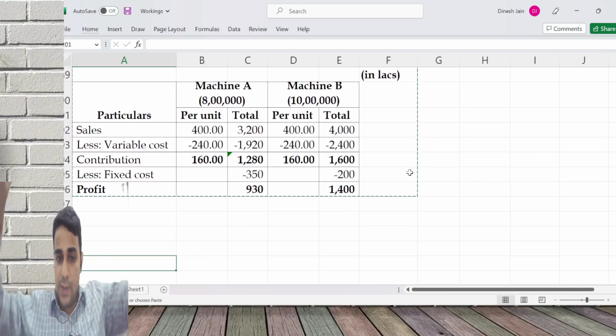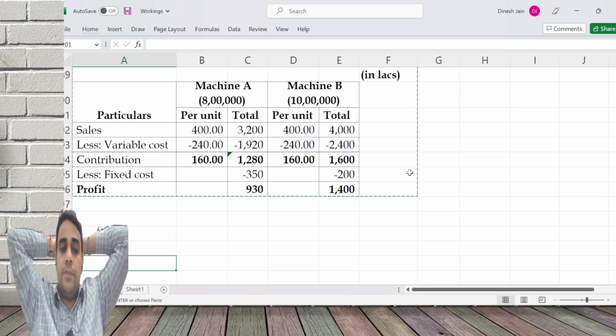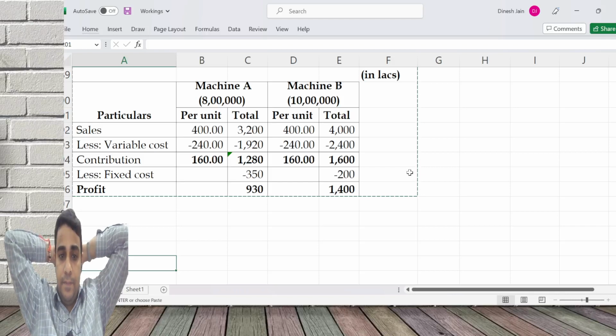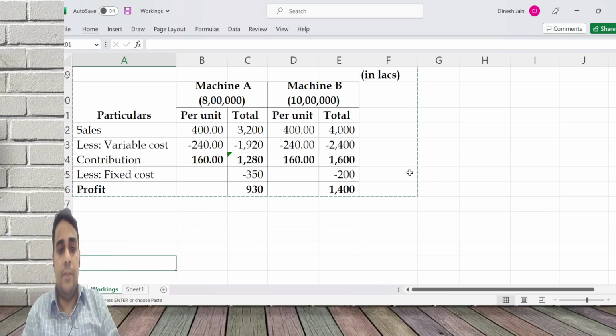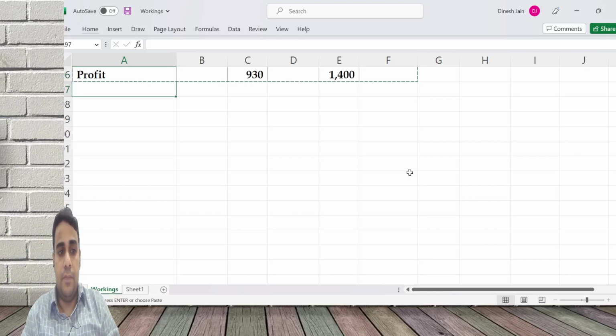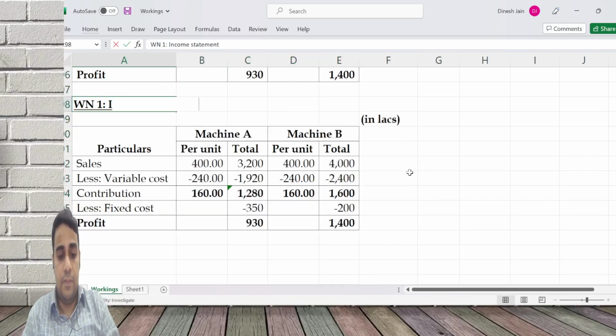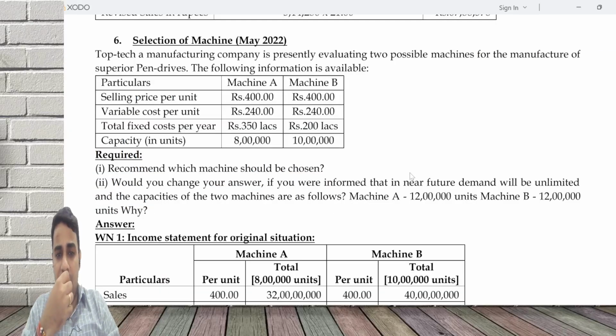The revised situation where the capacity goes up to 12 lakh. Give me a minute. I somehow feel, just give me 1 minute, because normally they will give some difference.